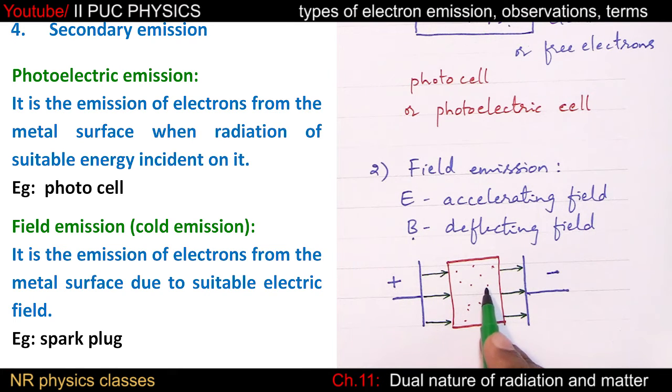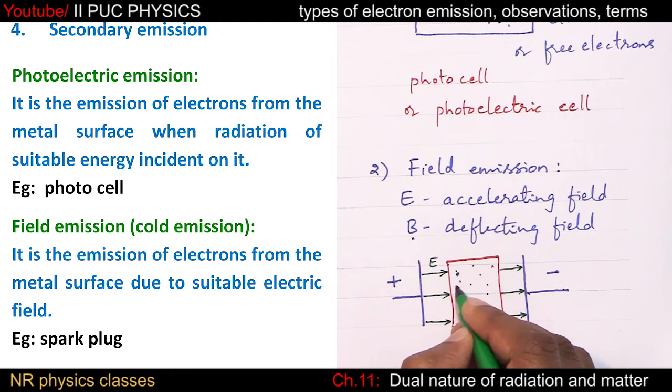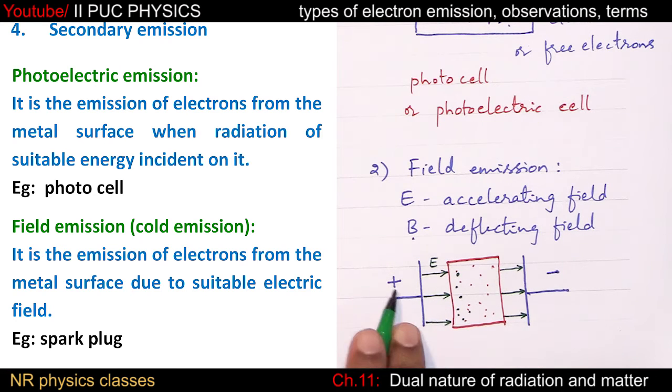So conduction electrons will experience force due to this electric field. More and more electrons will come and settle on this side because electrons are attracted towards the positive plate. If the voltage is increased, the potential difference is increased, then the electric field between the plates is also increased, and the force on the conduction electron also increases.